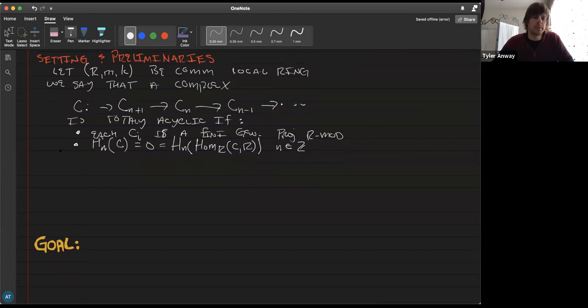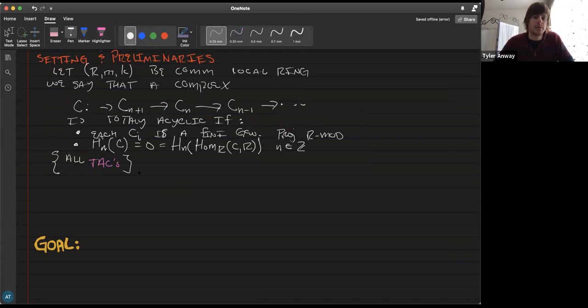A little bit more, if you take the collection of all totally acyclic complexes, and just for future reference, I often abbreviate totally acyclic complexes as TAC.